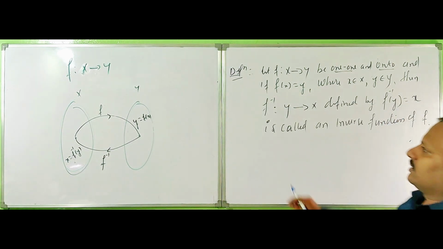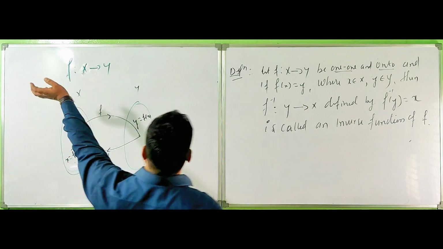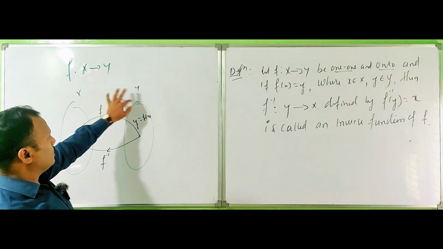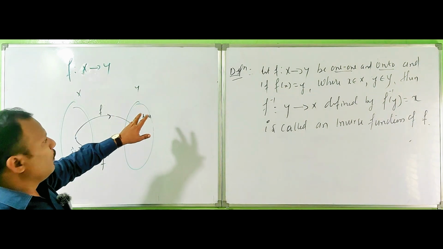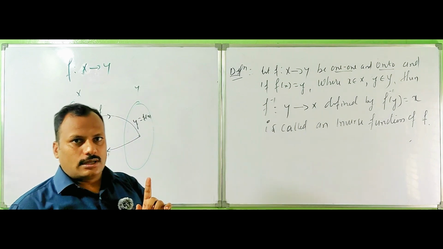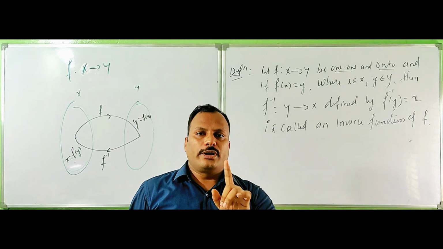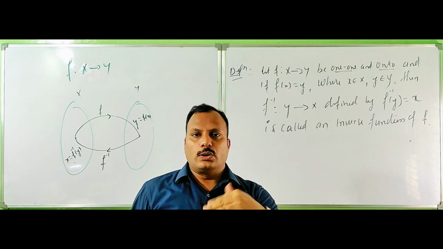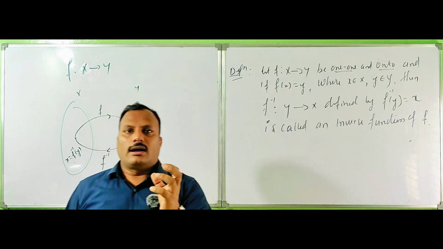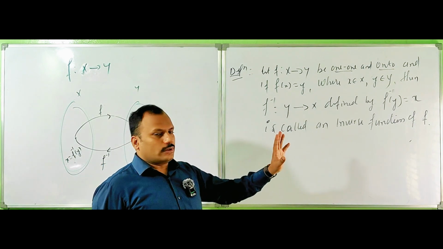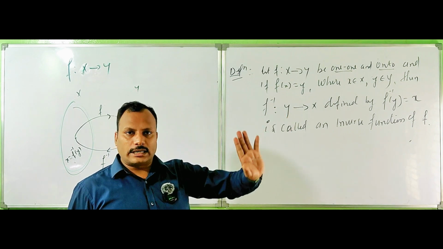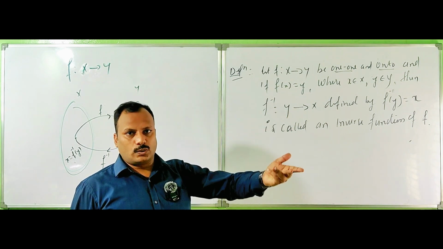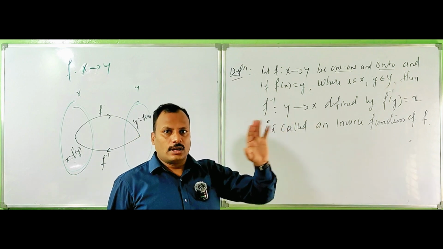The function f of x is a function from X to Y, and it must be one-one and onto. One-one means for every one input there should be one output. Onto means the codomain is equal to the range, that is, y is equal to f of x.